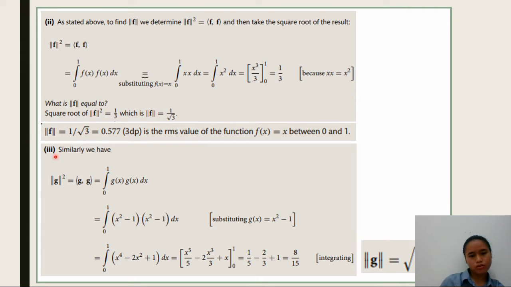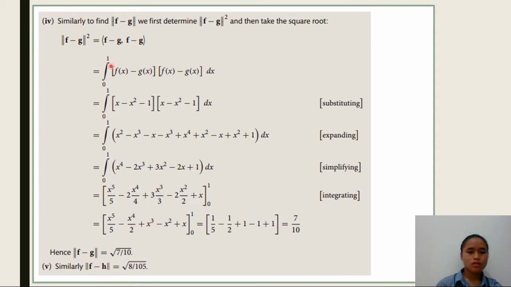For number 3, we substitute into the same formula, and we get this. For number 4, we substitute into the formula, and from that we get the result.